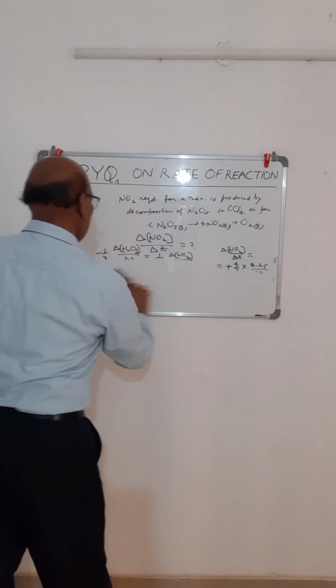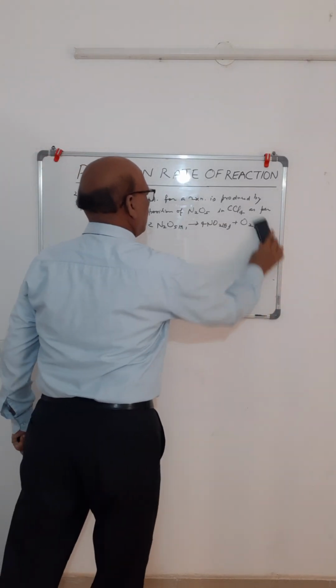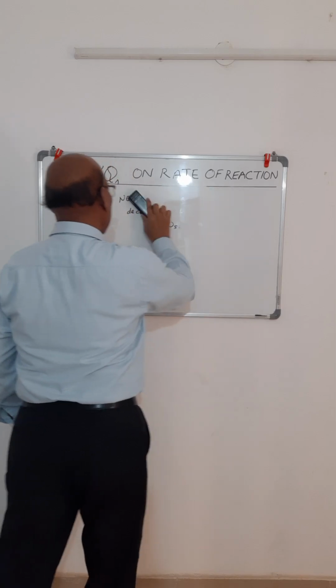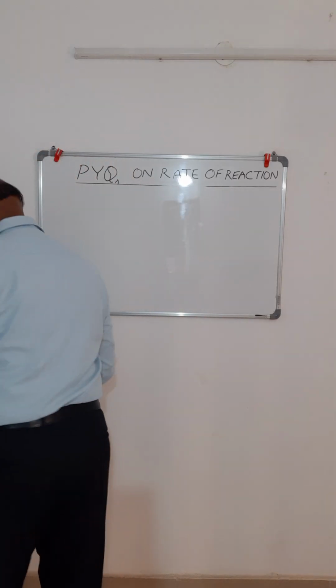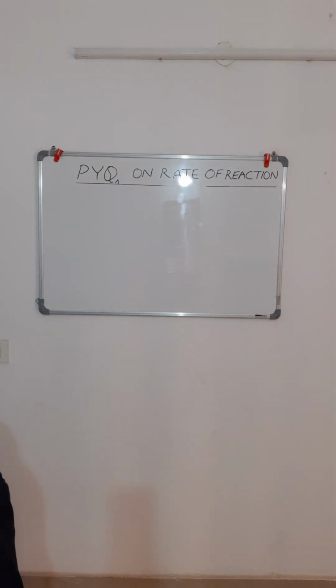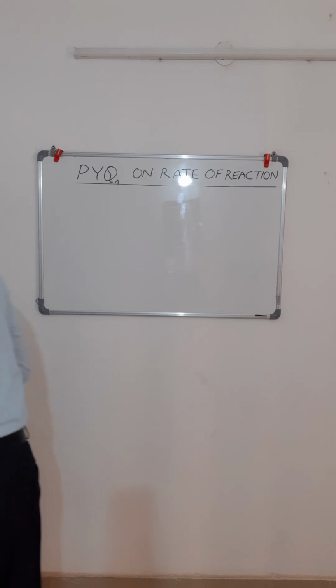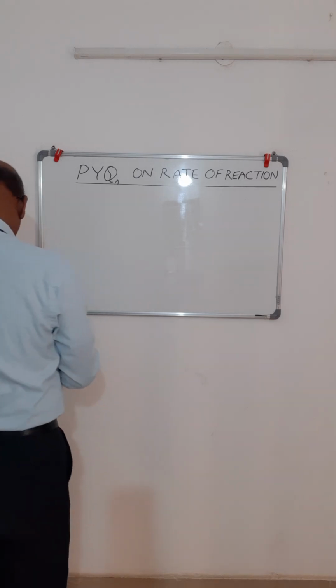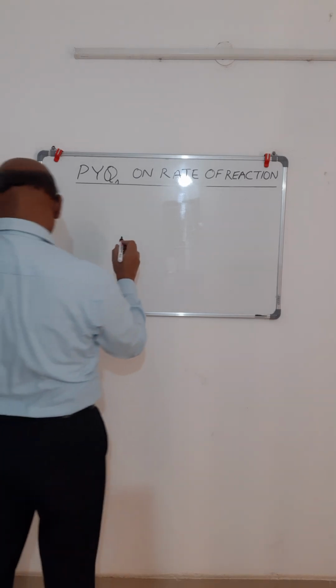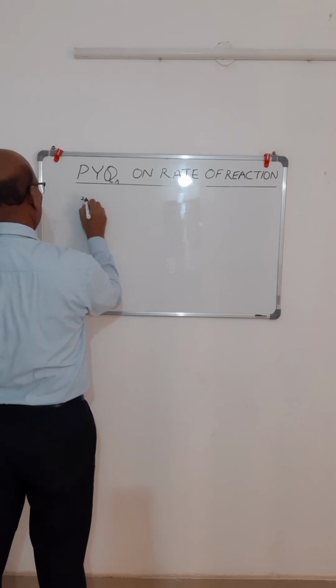So that is how we can find out the rate of appearance or rate of disappearance. I will take one last question, then we will finish this session. The last question was asked in 2019 main.